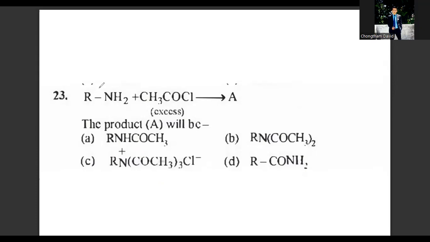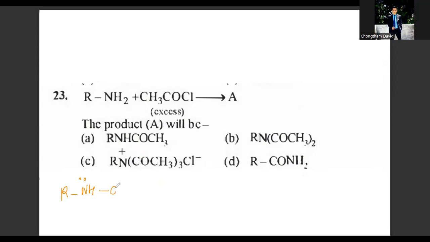Amine treated with this acetyl chloride in excess gives A. What will be the answer? This is actually acylation. Acylation of amine occurs in one step only, because the lone pair of nitrogen is delocalized with the acyl group like this.